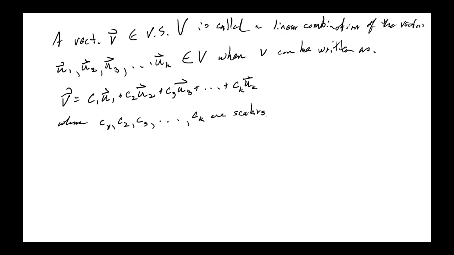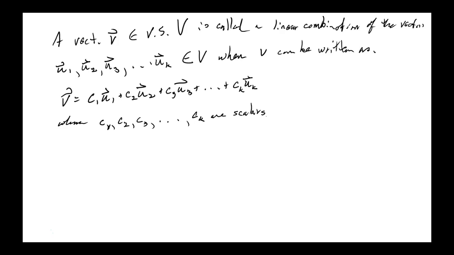Vector V in this vector space, capital V, is called a linear combination of the vectors U1 through U sub K. And these all have to be in that vector space V also.